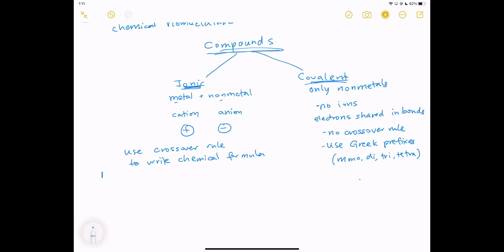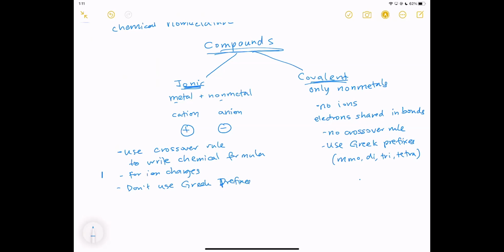On the flip side, for ionic compounds, you do use the crossover rule. You do have ions. Okay, so those are ions that have charge values. And you don't use any Greek prefixes if you're talking about an ionic compound.